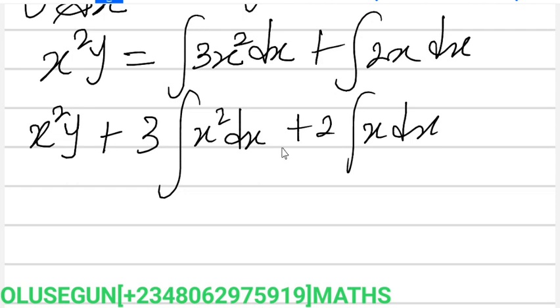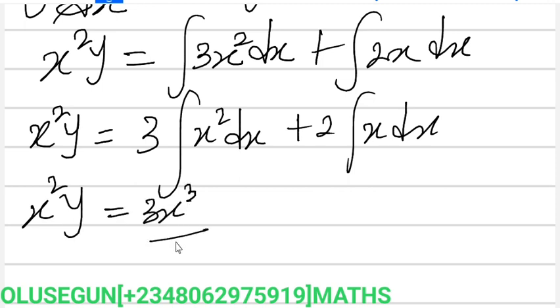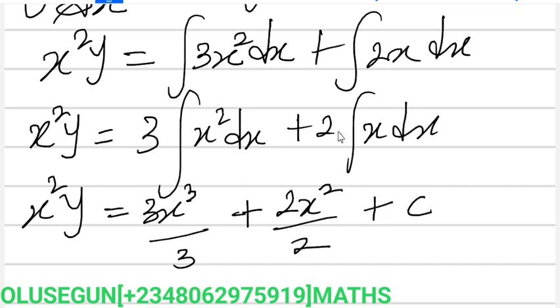In integrating this, we have x squared y is equal to 3x cubed over 3 plus 2x squared over 2 plus c.